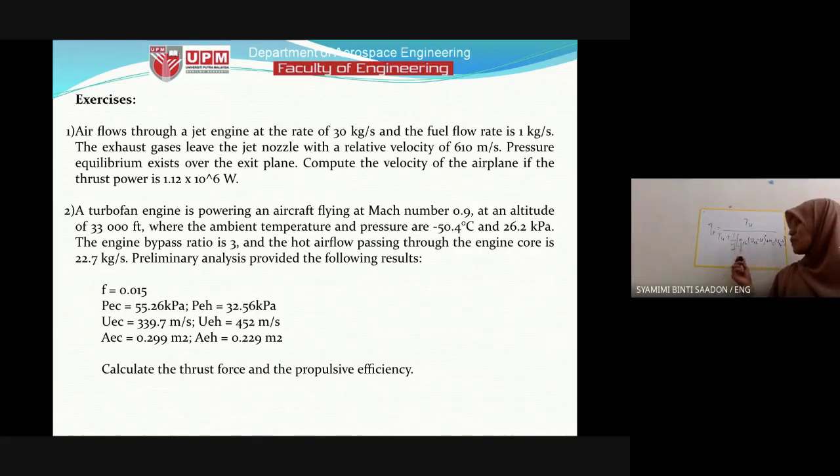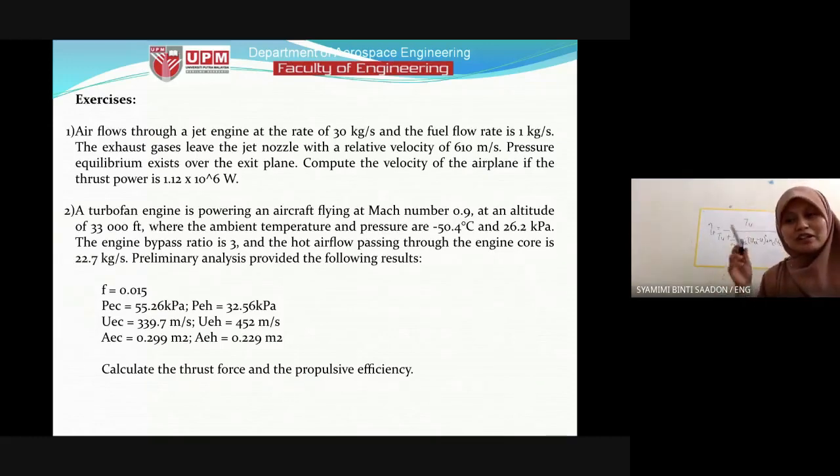The power loss here is defined as the kinetic power wasted.